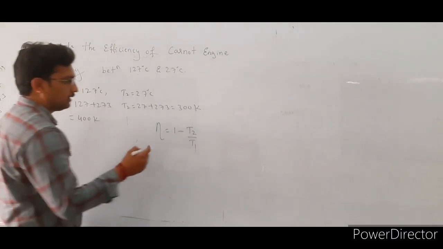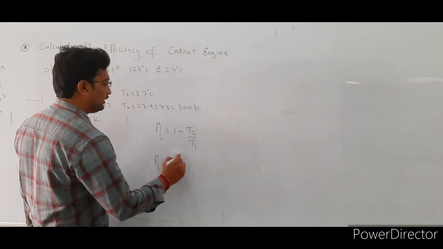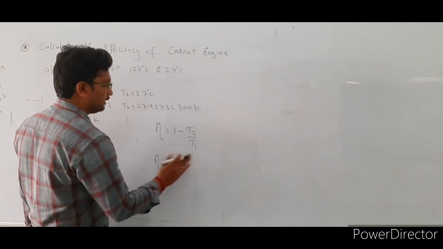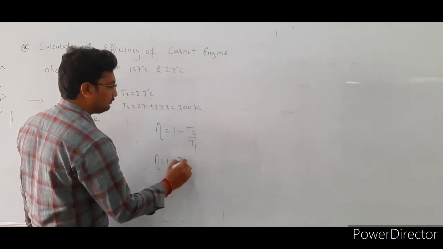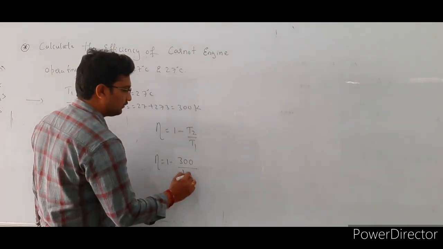So substitute these two values here, then eta is equal to 1 minus T2 value 300 Kelvin, and T1 value 400 Kelvin.